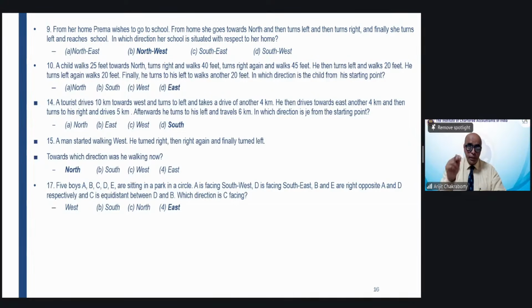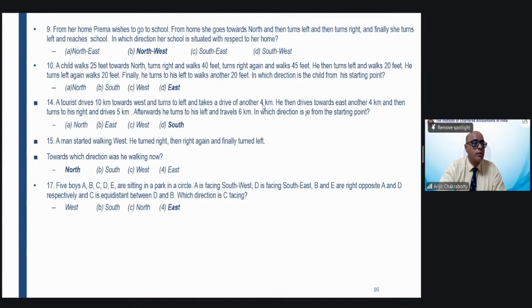So C is equidistant between Bravo and Delta, that is B and D. So C is exactly on the diameter on the left hand side, extreme. Accordingly, C is facing the eastern side. According to the diagram, I think many of you have got it correct. C is facing the eastern side.